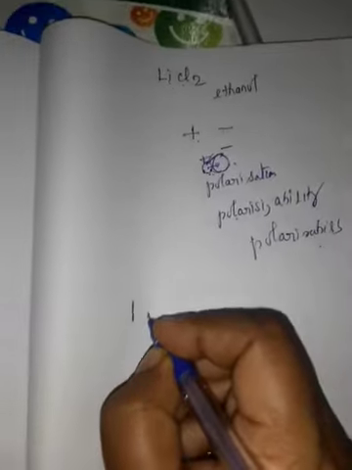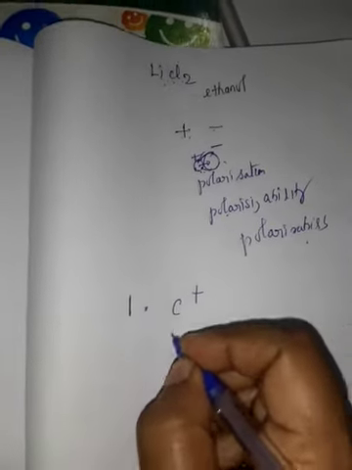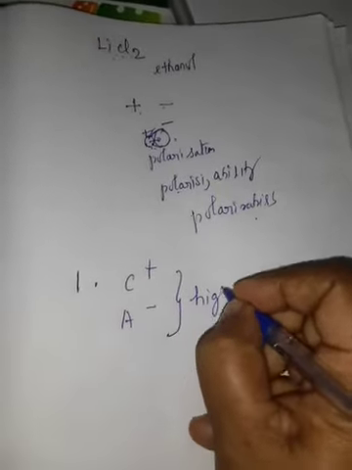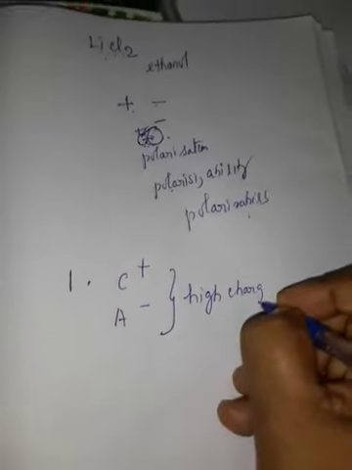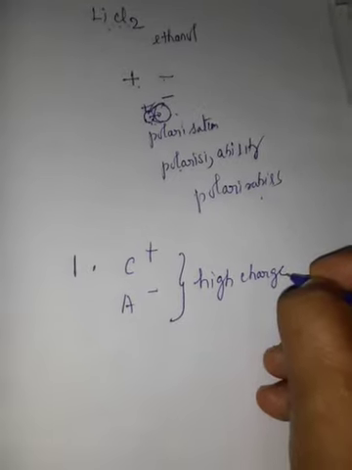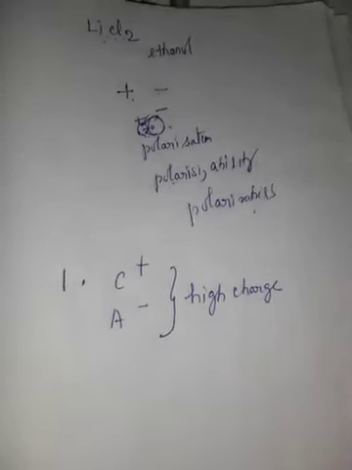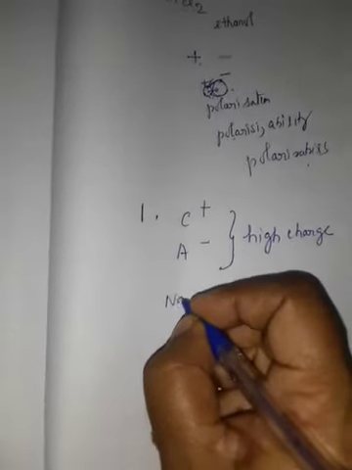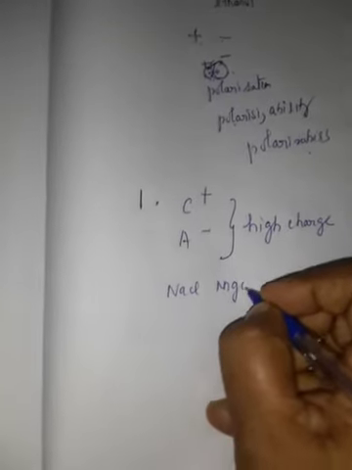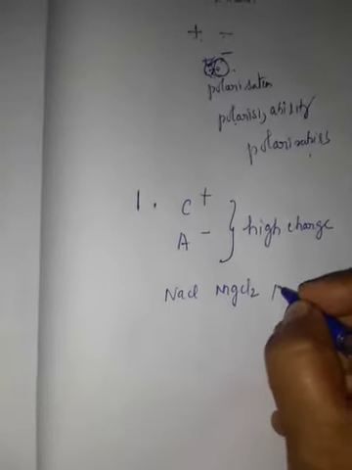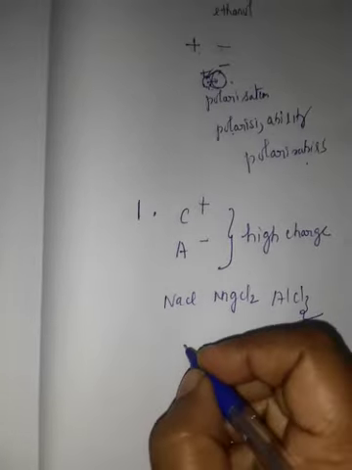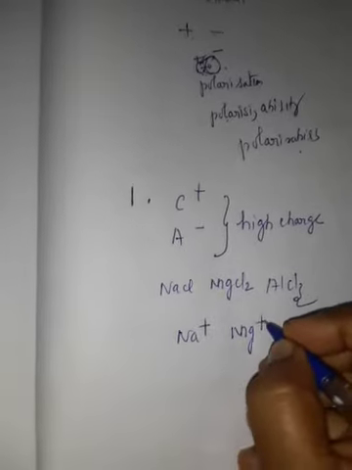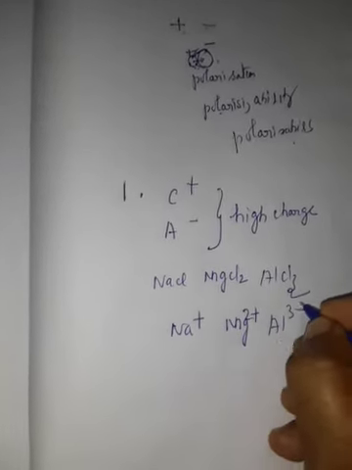Number 1: if the cation and anion both have high charge, covalent character is more. For example, NaCl, MgCl2, AlCl3. Na is 1 plus, Mg is 2 plus, Al is 3 plus.